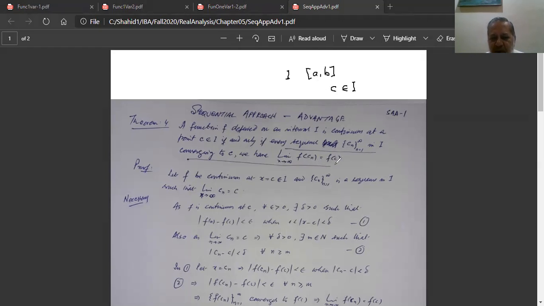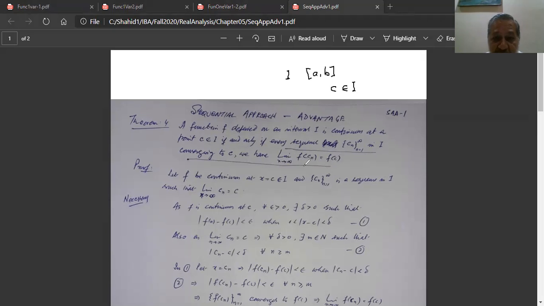तो इंटरवल के बाद इंपॉर्टेंट क्या है? उस इंटरवल में जो भी सीक्वेंस बनाऊं मैं जो c पे कन्वर्ज कर रही है और उस सीक्वेंस को इस्तेमाल करूं फंक्शन की लिमिट निकालने के लिए, at c, meaning that I am taking the sequence converges to c, so I am taking the image sequence and trying to find its limit, and that limit has to be f(c), the value of the function here.